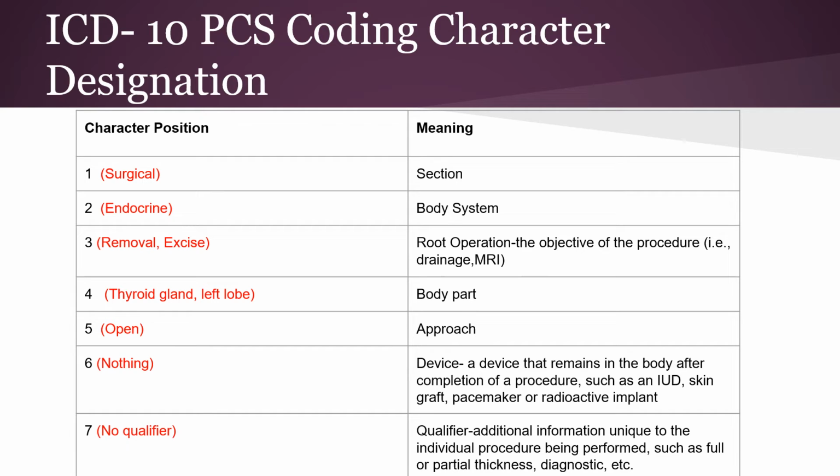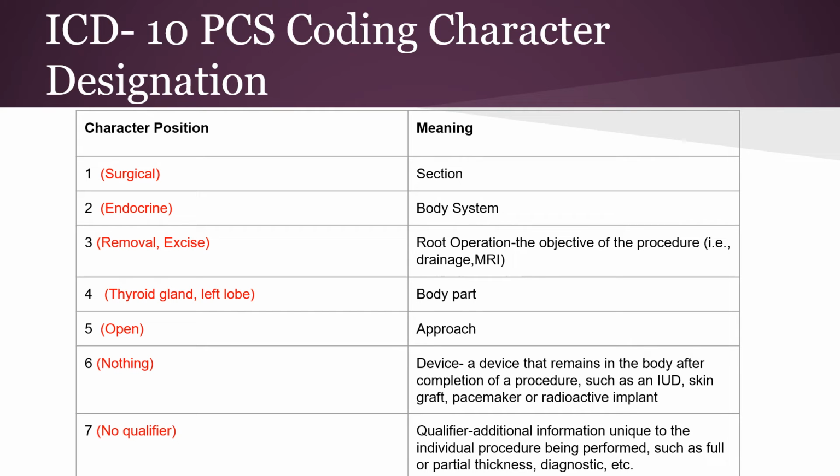In our fifth character position, we're going to define the approach. How did the doctor or surgeon approach this thyroid? He's performing this via an open approach, okay? And then 6, it's nothing because it represents a device. Was there a device that was implanted or utilized in this particular procedure?